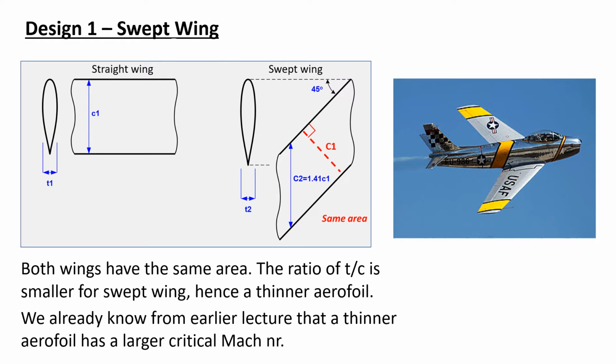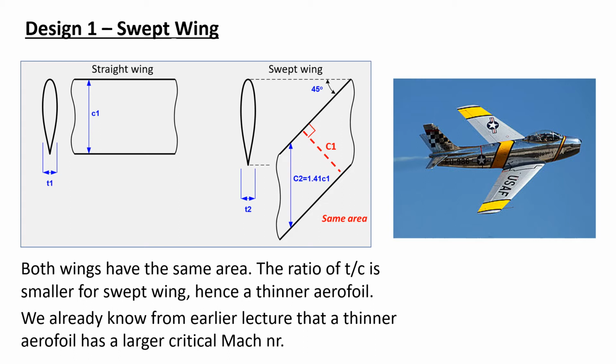Some people explain that by using the swept wing, we can decompose or project the free stream velocity vector, and then because of the sweep angle, the actual or effective velocity the wing leading edge experiences is smaller than the free stream velocity.